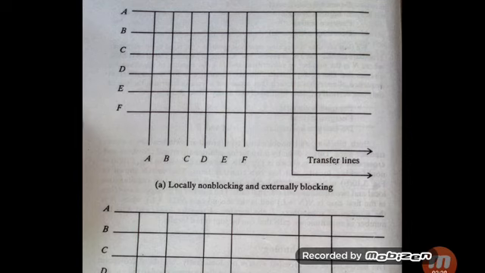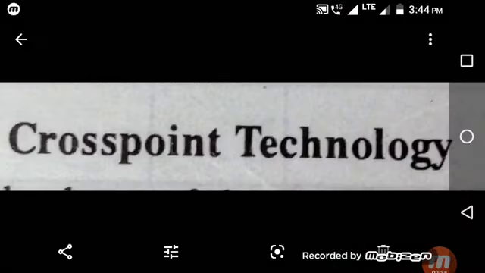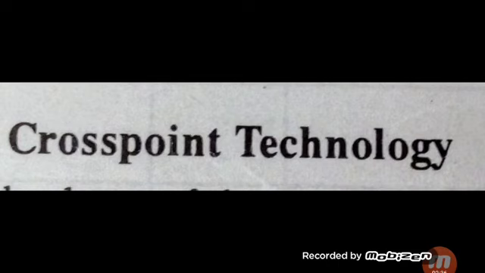That means the main use of crosspoint technology is the reduction of size and, at the same time, cost. Simply put, it is to reduce cost and size. That is the main objective of crosspoint technology.